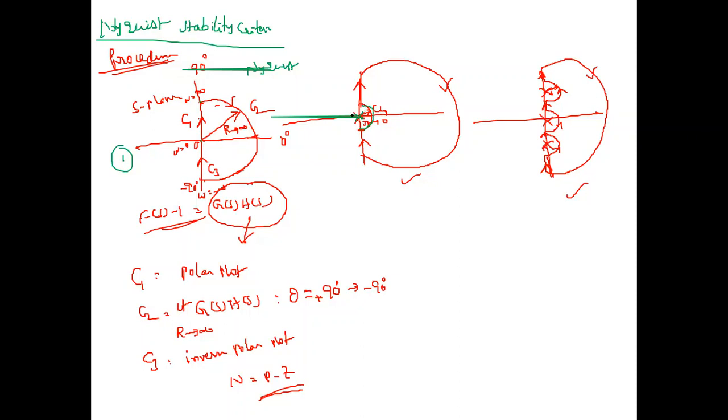This is 0 minus, and this is 0 plus. So just after 0 and below 0, we start the contour, go to infinity, cover the total right hand side plane, reach minus infinity, and come back to the 0 minus point. So there is a small skip here.